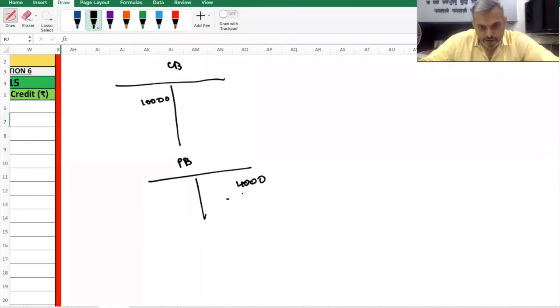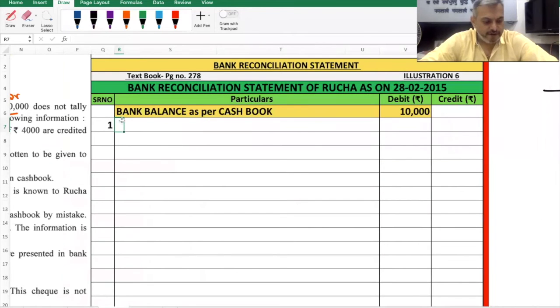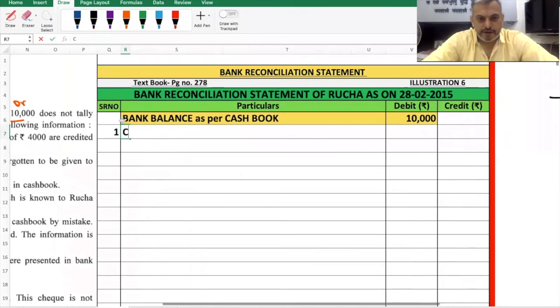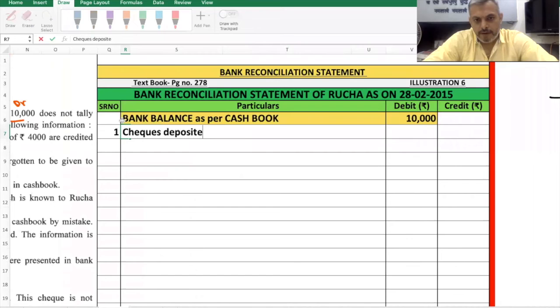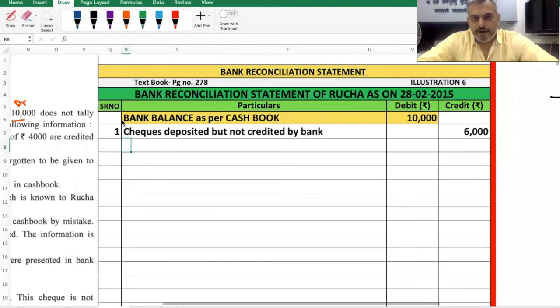So what is not credited? 6,000 is not credited. So we record 6,000 on the credit side in bank reconciliation statement. So write down check deposited but not credited by bank, 6,000.